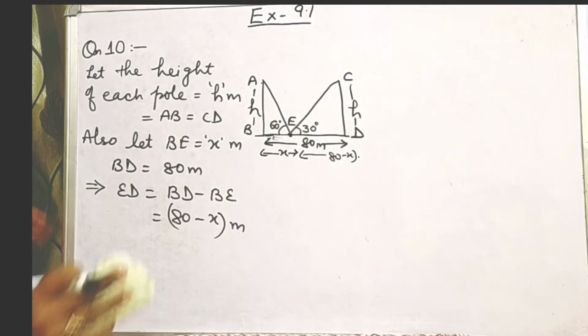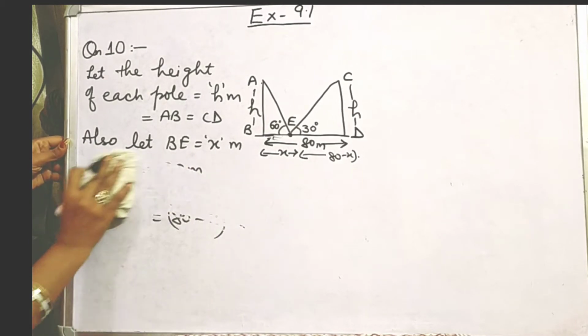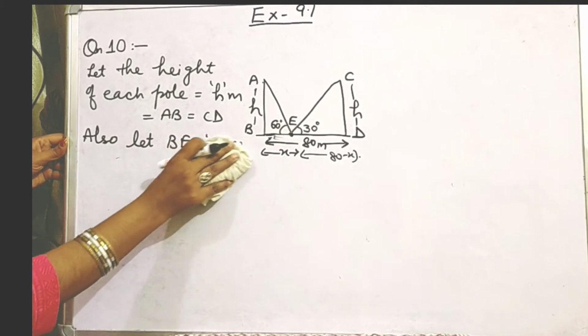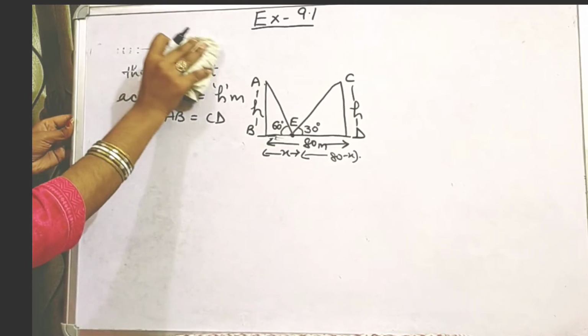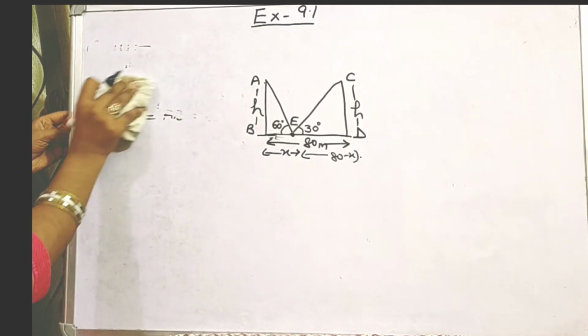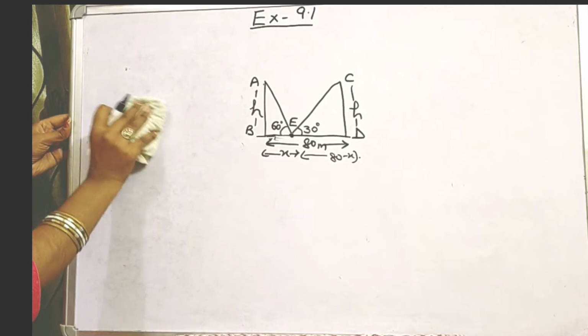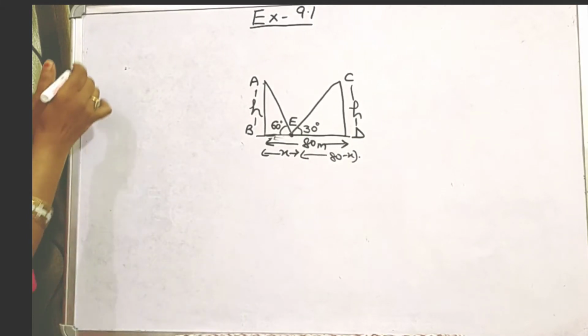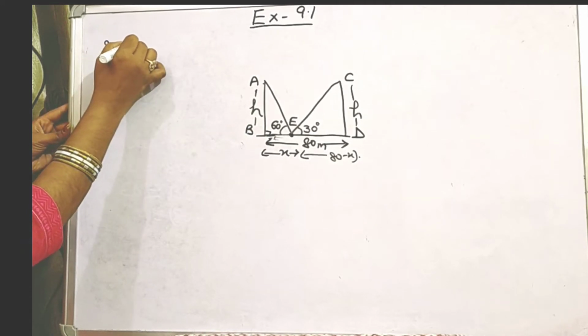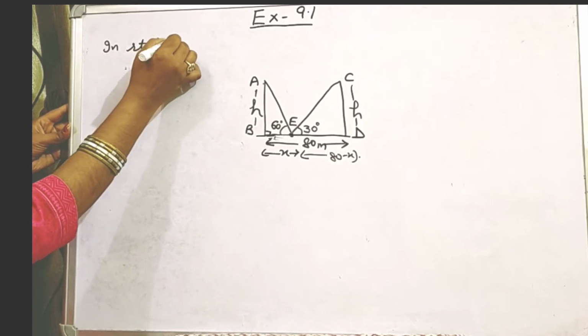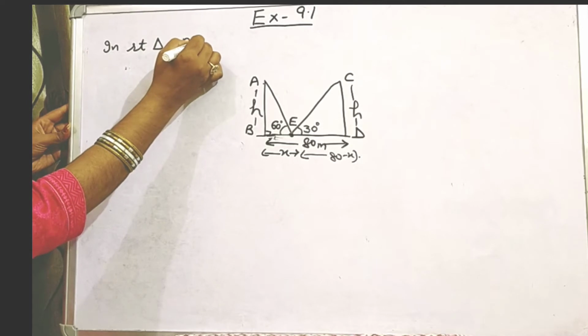Now we'll take the two right triangles, make two equations from here, and then solve for h and x. So first I'm taking the first right triangle, ABE.